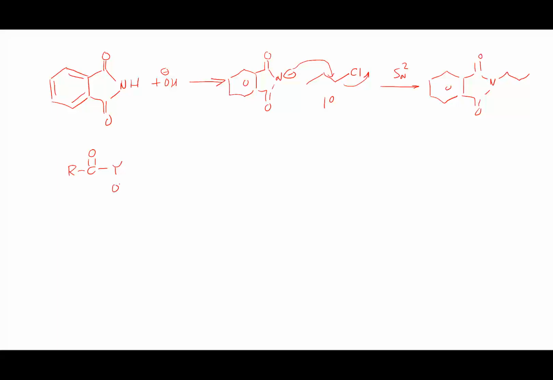So that Y group could be an OH, it could be a Cl, it could be an O, C double bond R, so that'd be part of an anhydride. It could be an ester, or it could be the amide. All of those are either carboxylic acids or a derivative.